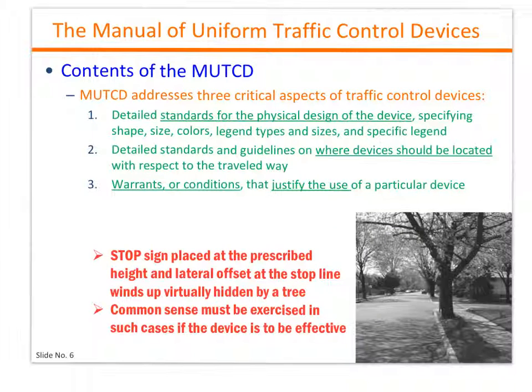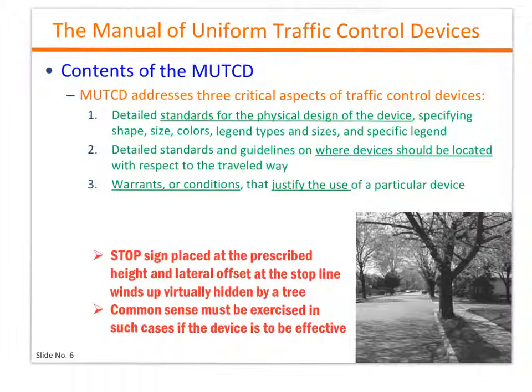So what are the contents of the MUTCD? The MUTCD tries to address three critical aspects of traffic control devices. The very first one, the MUTCD as a manual, gives good detailed standards for the physical design of the device, specifying the shape, the size, the color, the legend types and sizes, and specific legends as well.